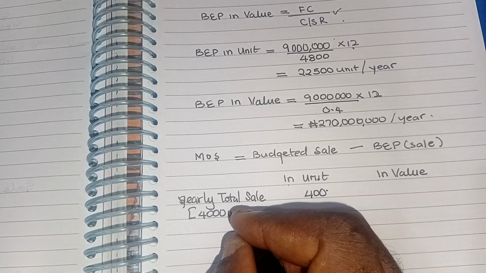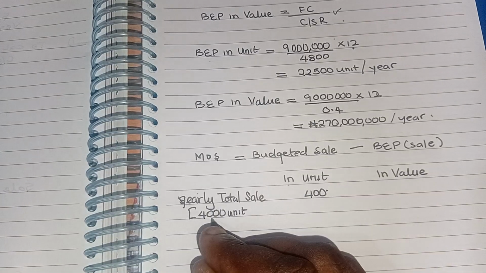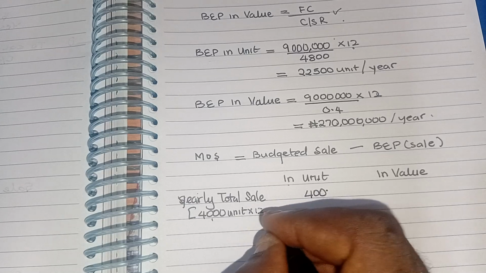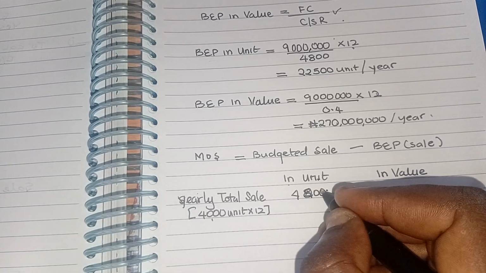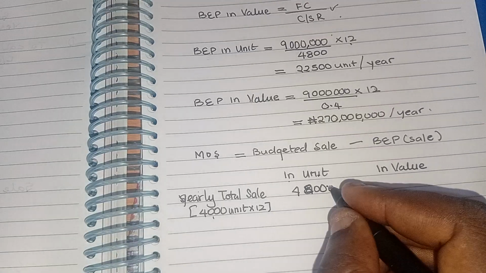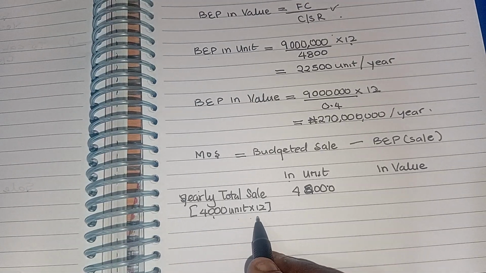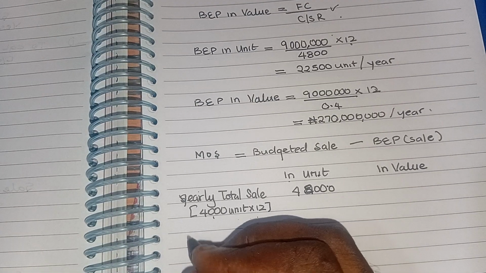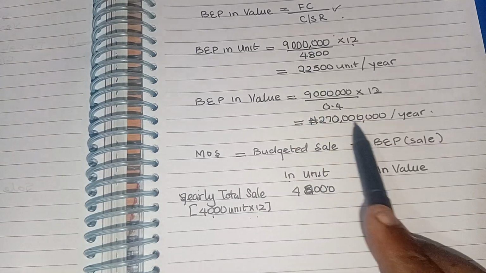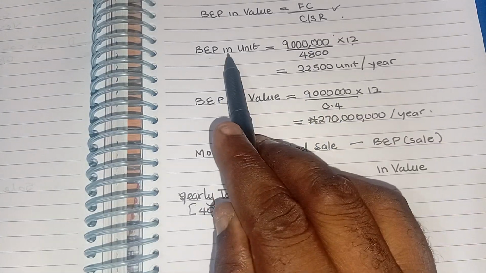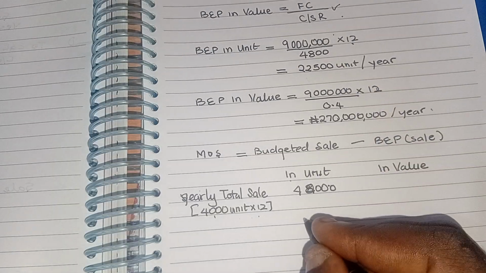Sorry, for yearly, the 4,000 is the monthly. That's 4,000 units times 12, and that is 48,000. That one will give you 48,000. Then minus the budgeted, minus the break-even units.